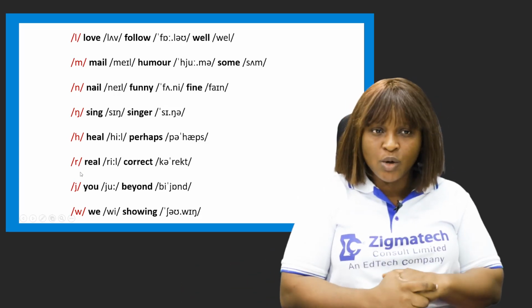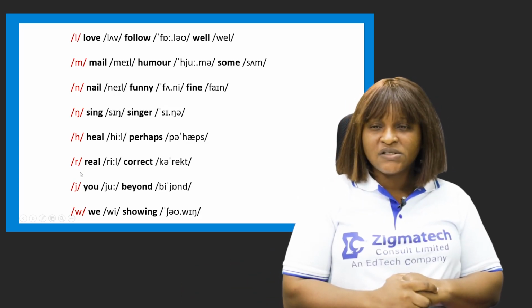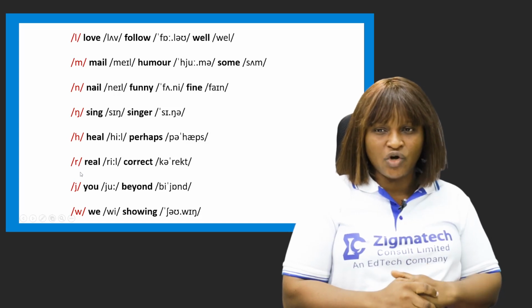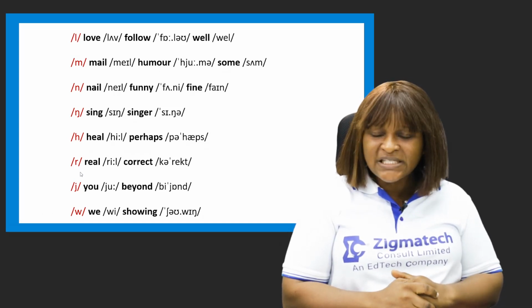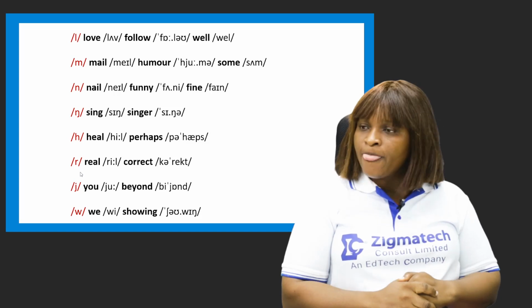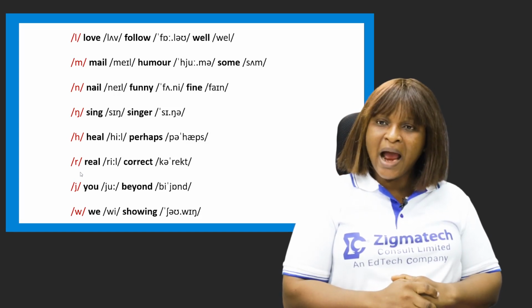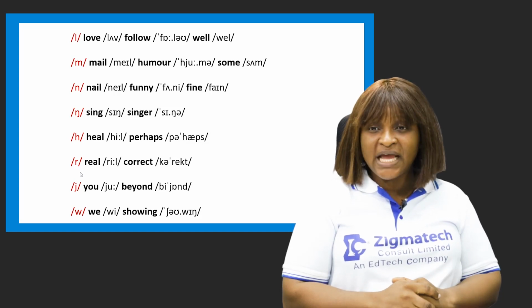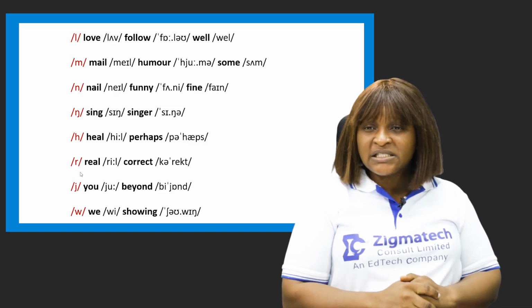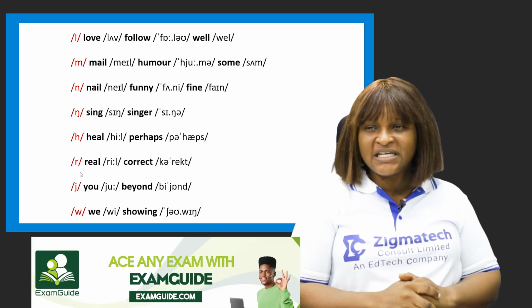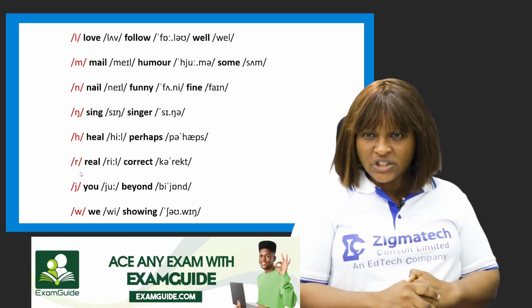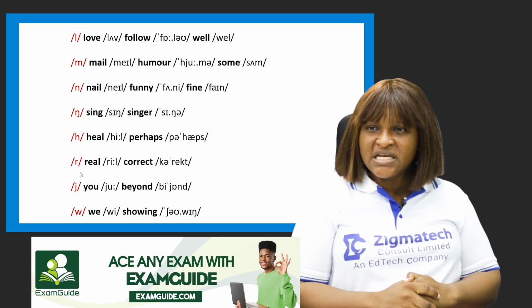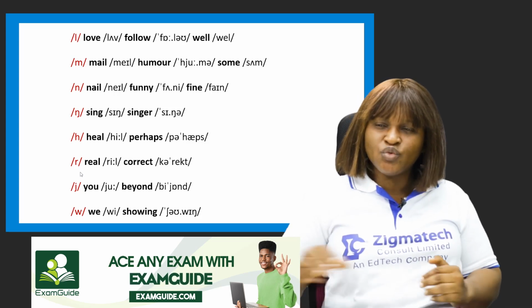Then we have the re sound. The re sound, we have it as real, we have it in correct. Now, note that there are still words with R, but the R is not pronounced. Basically, when a word ends with ER, it bears a vowel sound. You don't see that R in the word. When a word ends with ER, it ends with a schwa sound.